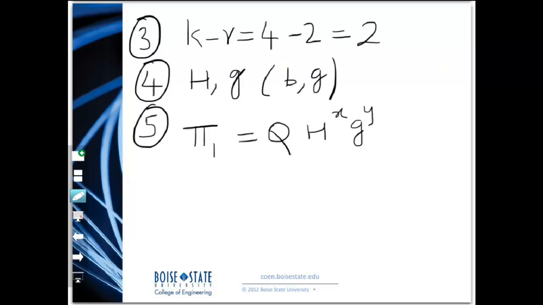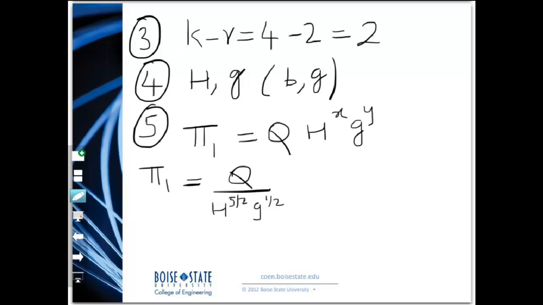So pi 1 would be Q over H raised to the power 5 over 2, G raised to the power half. So that will be your pi 1.